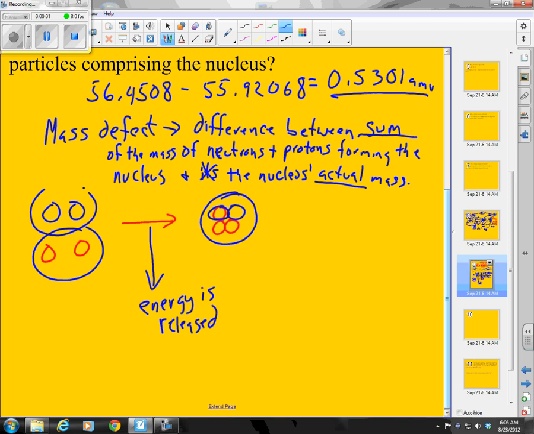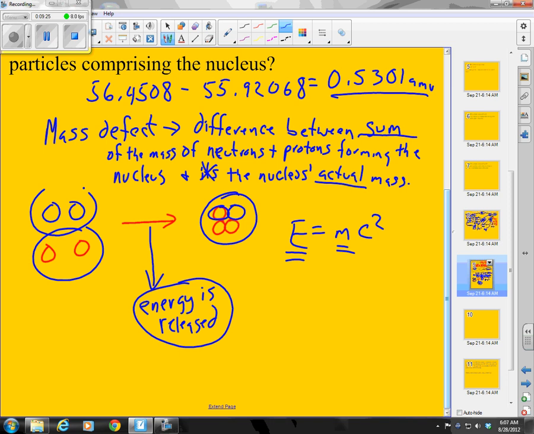Good. And so where does that energy come from, I guess, is the question. So we have individual protons and neutrons. They come together to form a nucleus. Energy is released. Where does that energy come from? Well, we have to think back to our good old buddy, Albert Einstein, who said E equals mc squared, where the energy is equal to the mass times the speed of light squared.